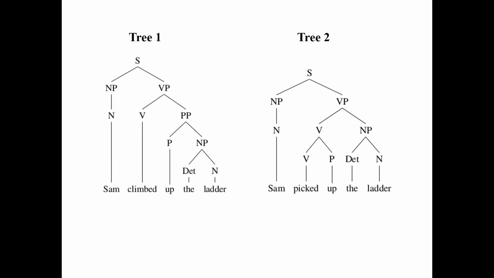We wrote this tree number 1 for Sam climbed up a ladder because up a ladder passes the test for constituency. And we wrote this tree a different way because up a ladder does not pass the test for constituency in this sentence.